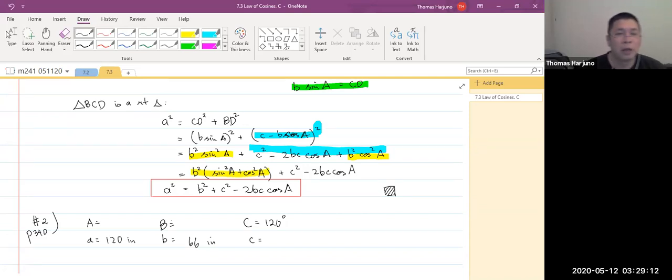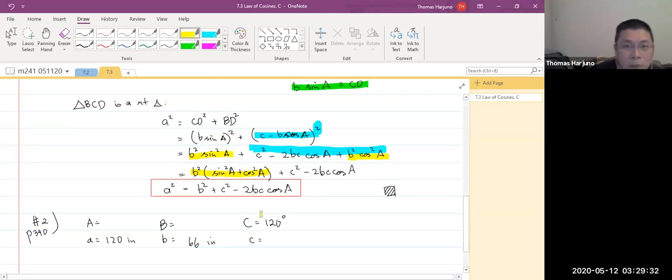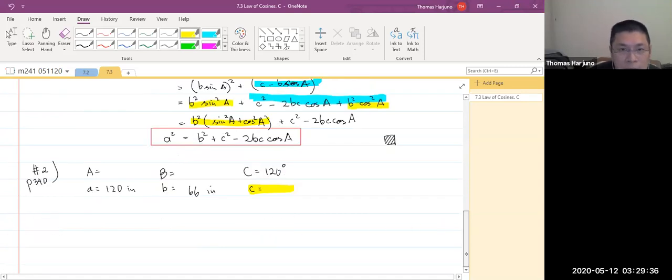But you will see later on there are times that we can use both law of sines and law of cosines. If you have those choices, then we prefer to use the law of cosines. Well, anyway, we will do this first. We'll find side c first.